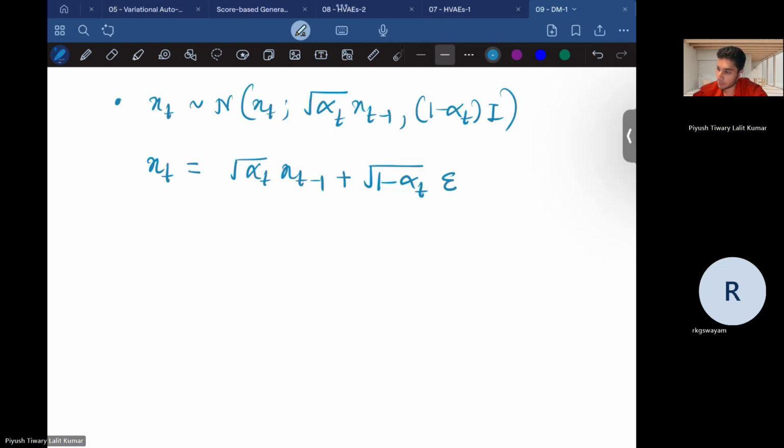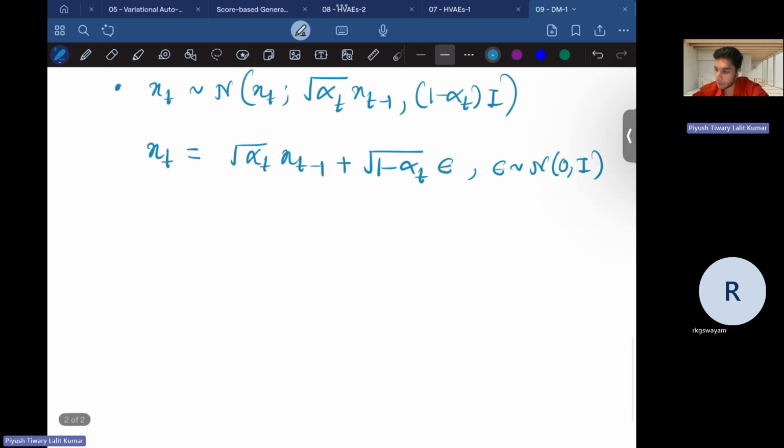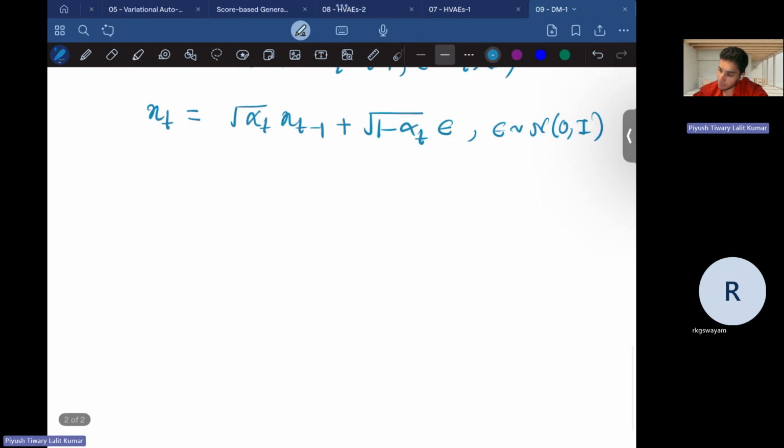Where epsilon is coming from Gaussian 0, I. This is the basic reparameterization trick if you want to sample from any given Gaussian distribution. Nothing fancy. Now, similarly, you can write xt minus 1.